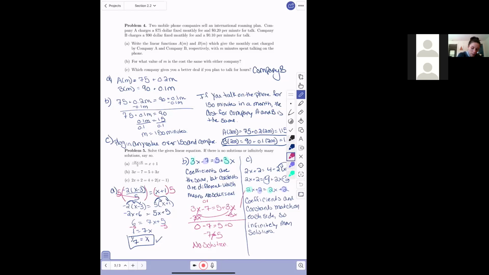Alternatively, if you did want to keep solving it, we have 2x plus 2 equals 2x plus 2. If I subtract the 2x's from both sides, I end up with 2 equals 2, which is always true. Which again tells us infinitely many solutions.